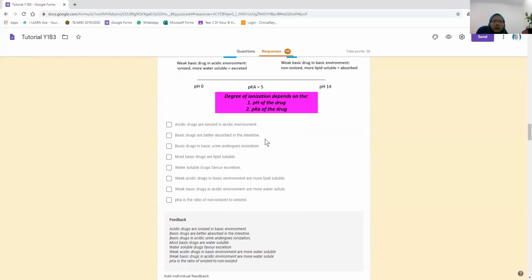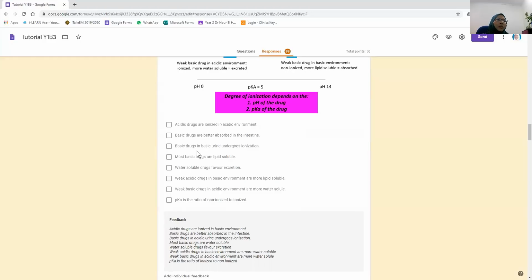I think for the first 12 respondents, the statement maybe wrote stomach, but thanks to one of your friends, she highlighted this and I have corrected the question. So basic drugs are better absorbed in the intestine. Acidic drugs are better absorbed in the stomach.